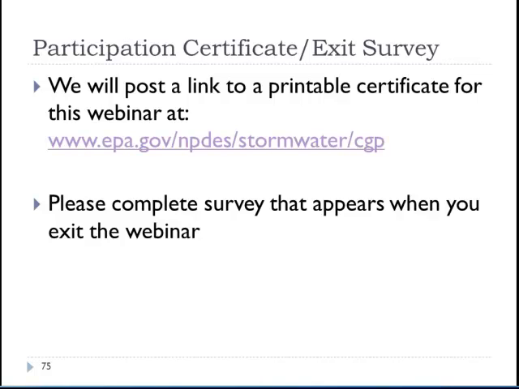I would also direct people to the SWIP template, which is on our SWIP site. You can get there by starting at the CGP website and looking for the SWIP link. The template would be a good place to look for areas that you don't have.